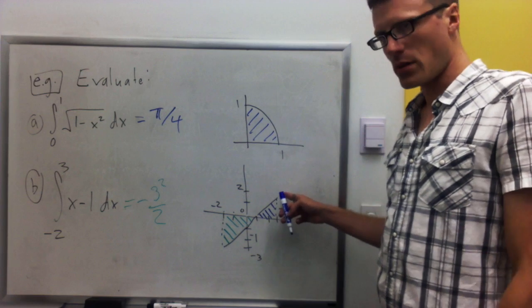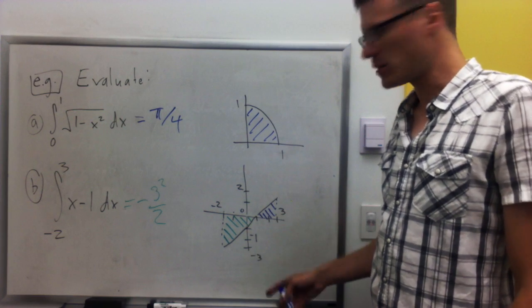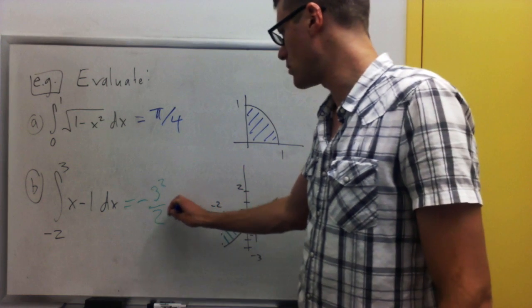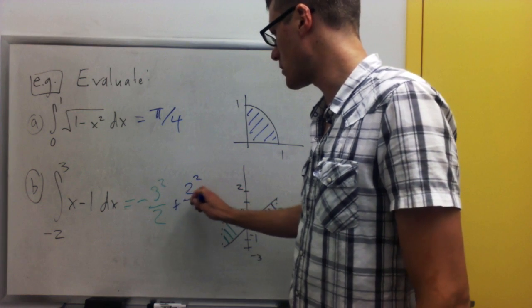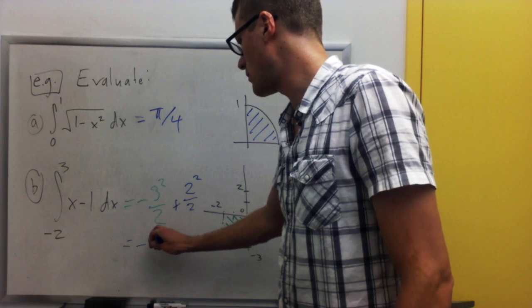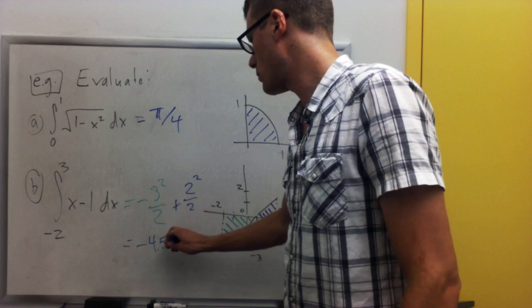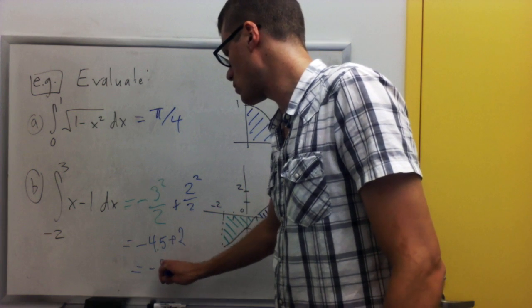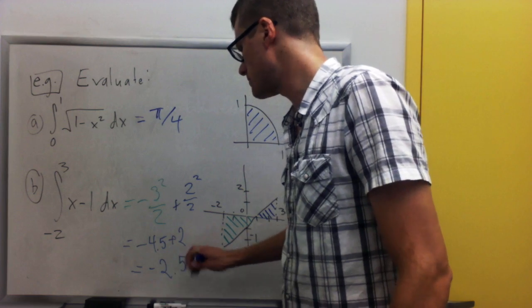Whereas this triangle is above the x-axis, we count its area positively. It has base 2, it has height 2, so its area is 2 times 2 divided by 2, 2 squared over 2. This works out to negative 4.5 plus 2, which is negative 2.5.